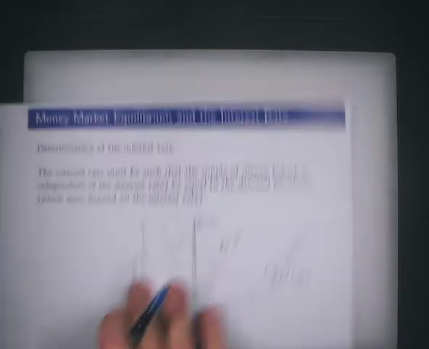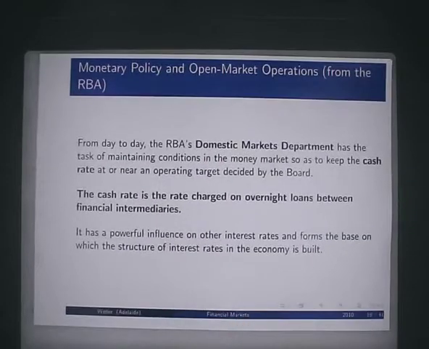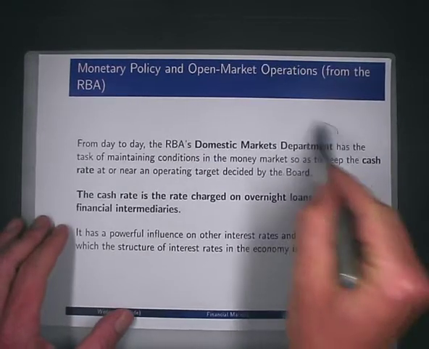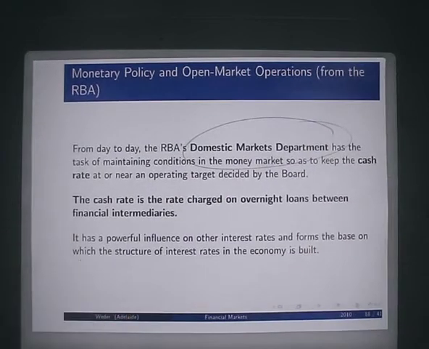Okay, so we had this last week, and I started to talk about what the Reserve Bank is doing in Australia. Other central banks in the world are doing similar things. And the instrument that they're using is so-called domestic market operations. So they have a department that is actively involved in the market for bonds, for government bonds.